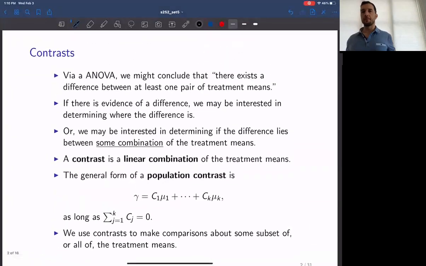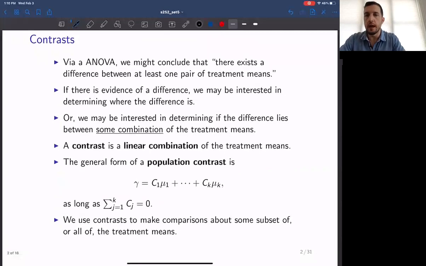So, what is a contrast? A contrast is what we would consider a linear combination of the means. The symbol that we use to designate a population contrast is gamma.